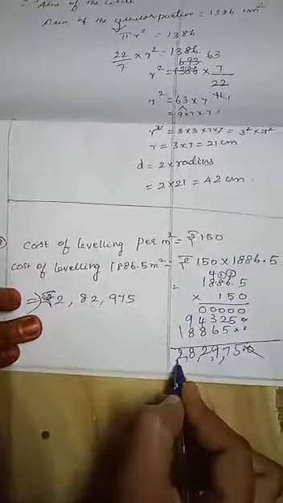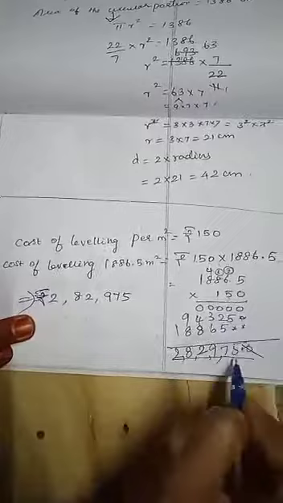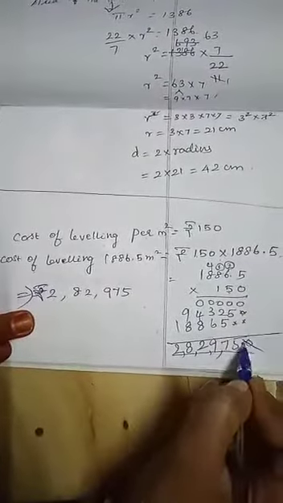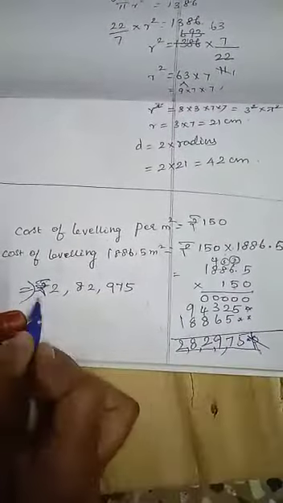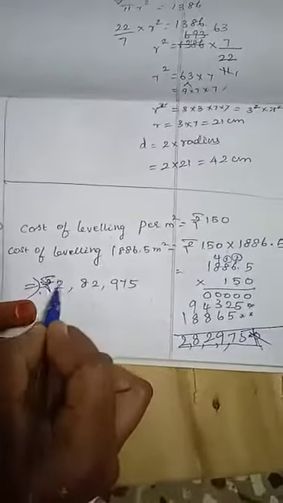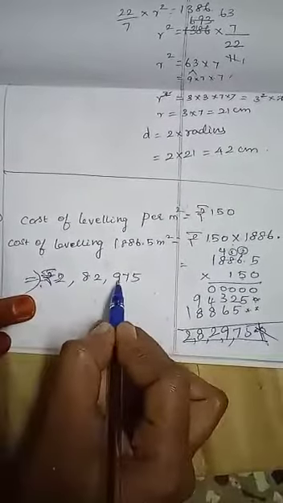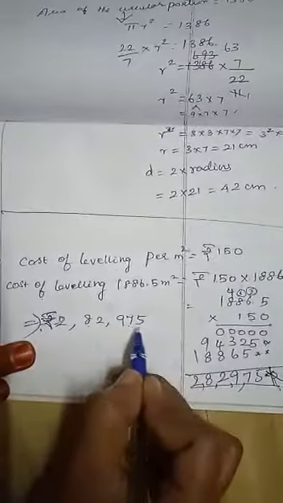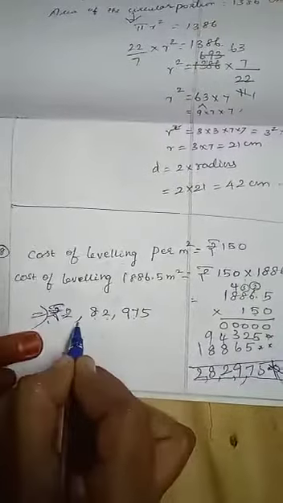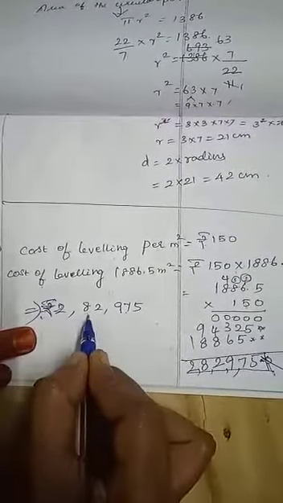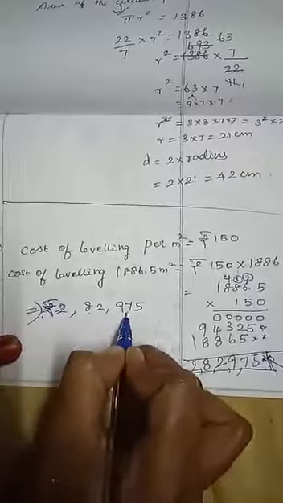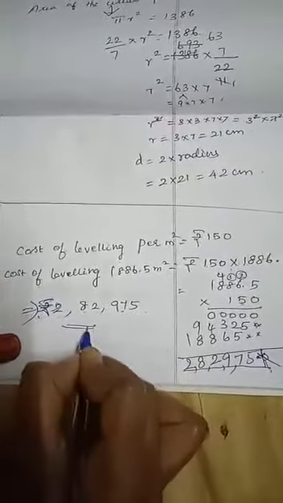So we got this. Last answer, after one digit put a dot, cancel it. So what is the answer? 2,82,975 rupees is the correct answer.